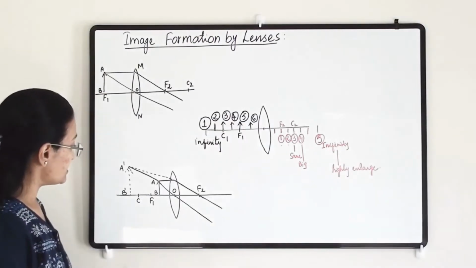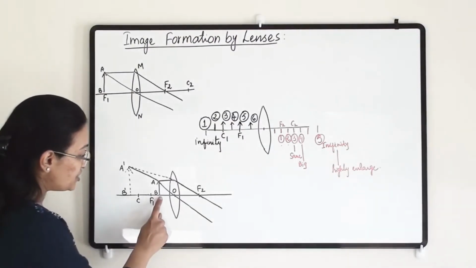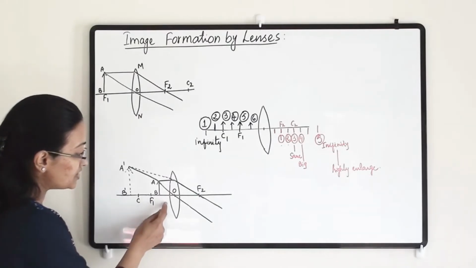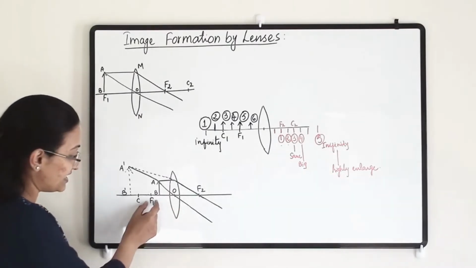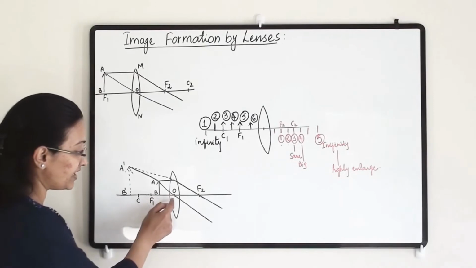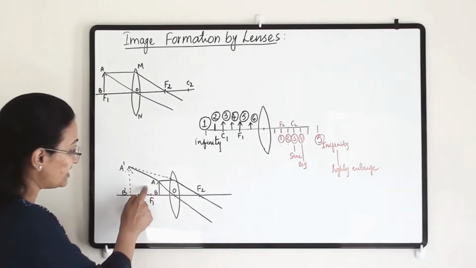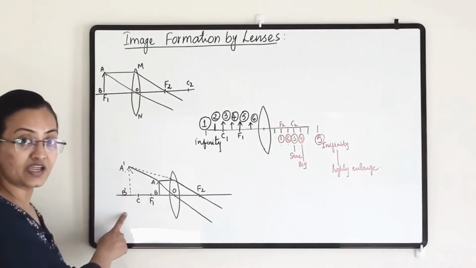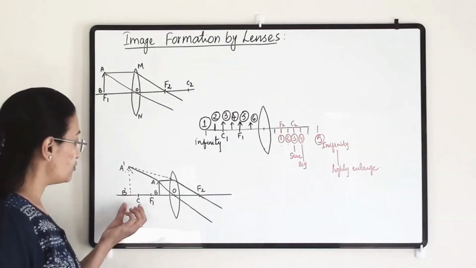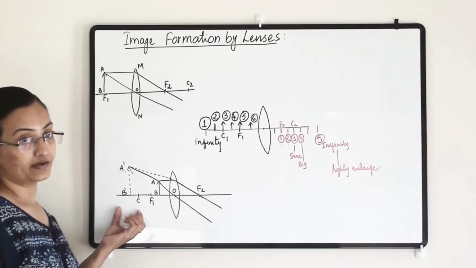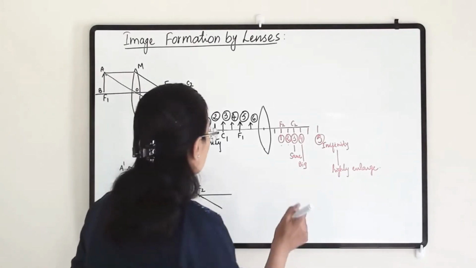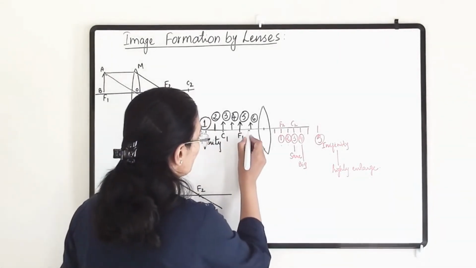Now the last case, when we are keeping the object beyond F1 towards the convex lens, that is in between the focus point and optical center. When we are keeping the object AB, we are getting the image towards the same side of the convex lens, and it is going to be virtual and erect. So towards the same side we are getting the image over here.